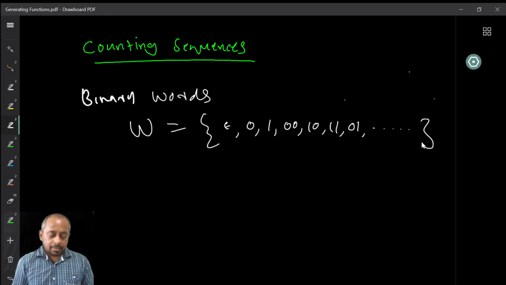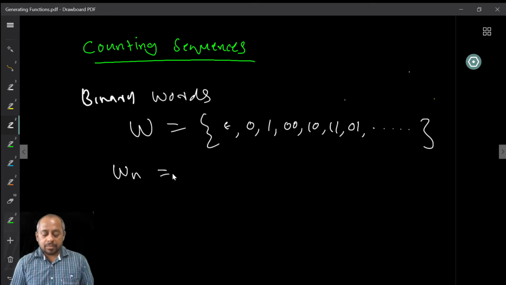If I define it like that, then for every natural number n, we have a corresponding subset of W, and the cardinality of this subset is denoted by Wn. This is basically the set of all binary words of length n.